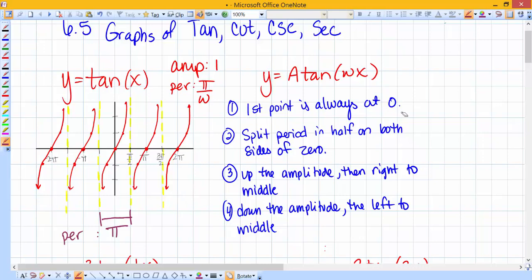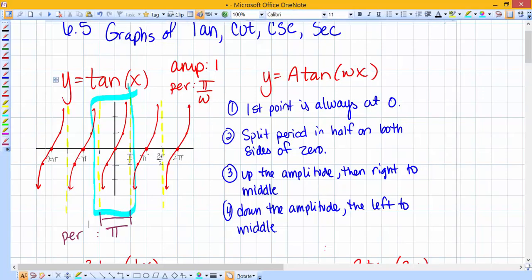So my first point is always at 0. This guy right here is the main cycle. So from that 1 cycle, we can get everything else. The first point's at 0. You split the period in half on both sides of the 0. Since my period was pi, I go half and half.